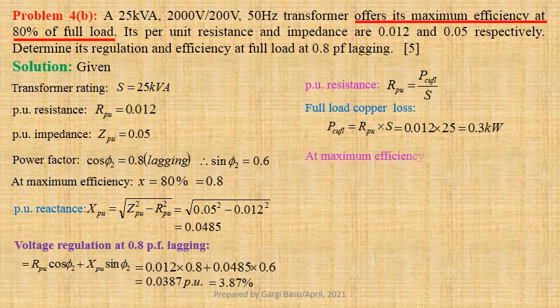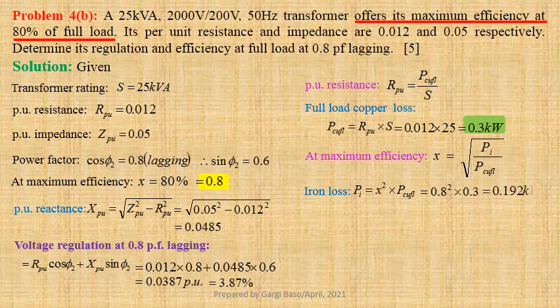At maximum efficiency X equals root over Pi by P copper FL. Therefore, expression of iron loss Pi equals X square times P copper FL, that is equal to 0.8 square into 0.3, that gives us 0.192 kilowatt.